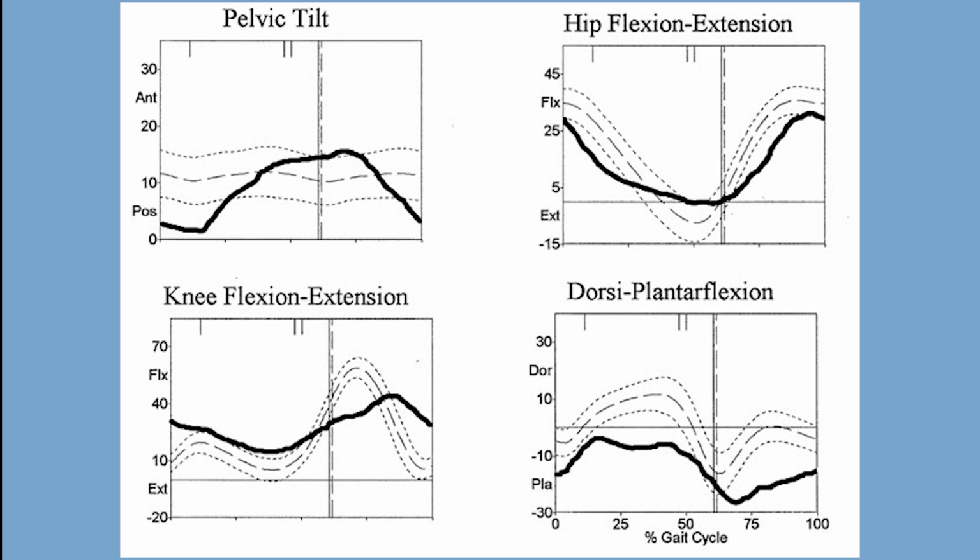Look at the hip: the maximum extension it reaches is 0 and the flexion is limited to 25 degrees. When we look at the pelvic tilt, on the other hand, we see a lot of range of motion in the pelvis, posterior to anterior, and this is to compensate for the limited movement in the hips and the knees. And this represents the more severe type of hemiplegic cerebral palsy.